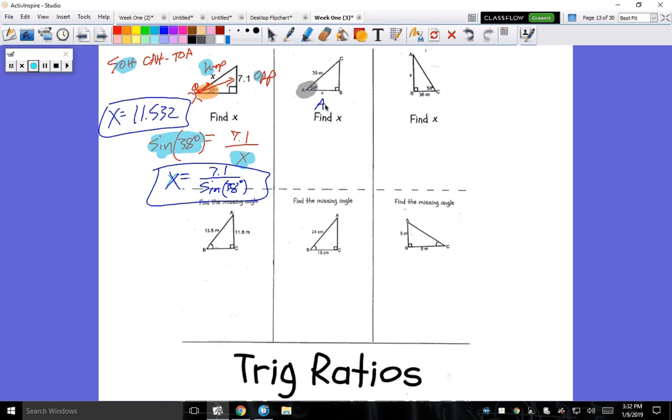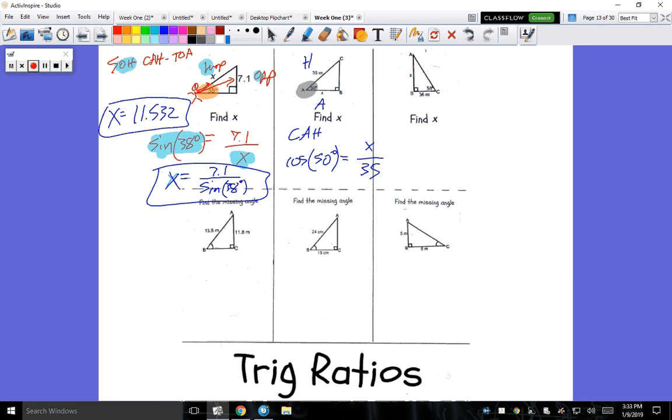Adjacent. What's 35? Hypotenuse. What has those two letters with SOHCAHTOA? Cosine, right? So CAH, so it's going to be the cosine of 50 degrees is equal to x over 35. What can I do to solve for x, guys?